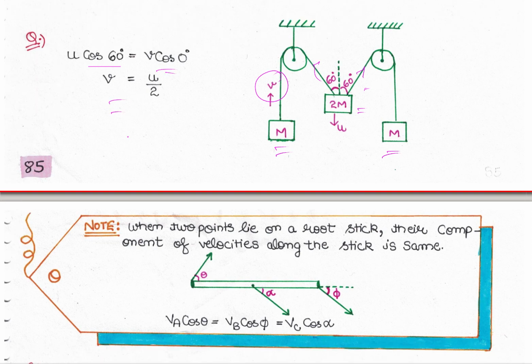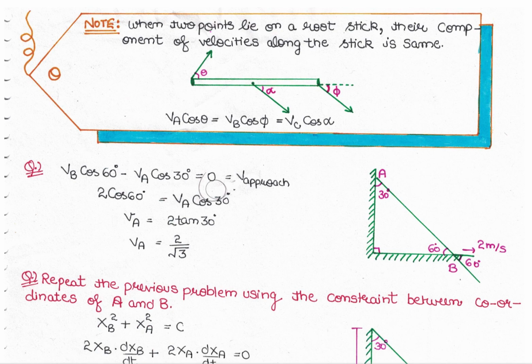So note that when two points lie on a rigid stick, their components of velocities along the stick are the same. That is, this is the stick, its angle is theta with this, its angle is alpha, and its another angle is phi.